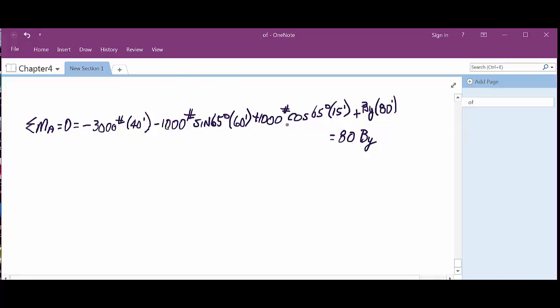So now we have to take all of these to the other side of the equation. I've even been known to write that part out. This becomes positive, this becomes positive, that becomes negative. So what do we end up with? For that number, 3,000 times 40 plus 1,000 sine of 65 times 60 minus 1,000 cosine of 65 times 15.